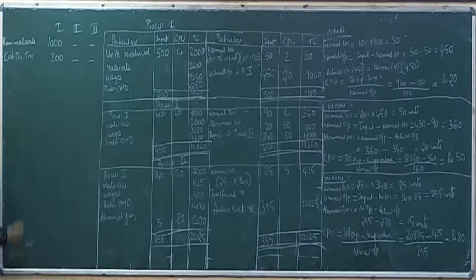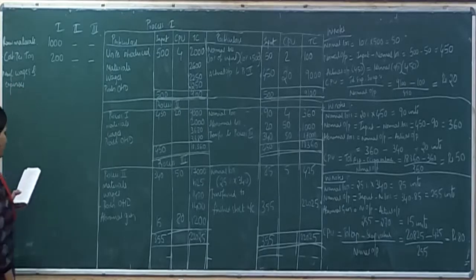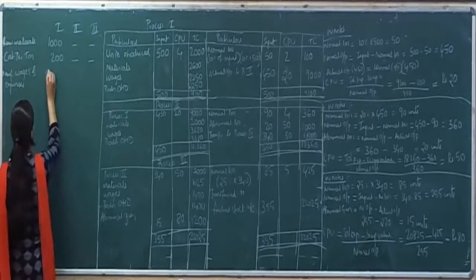Manufacturing wages and expenses is 90,500.